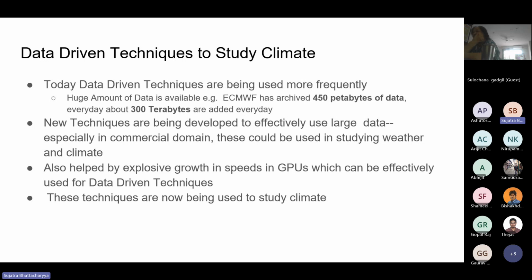And if you look at it, this is kind of a spin-off. You have data coming in not only for weather and climate; in other fields also a huge amount of data is being produced. For example, every time you do your UPI payment, somewhere some data is going in. And let's say you have billions of such transactions, which becomes a huge data set that can be mined to look at patterns within it. Like, if you're at this particular age, these are the details you have. If they're able to get some details, then they can say, okay, this is your spending pattern.